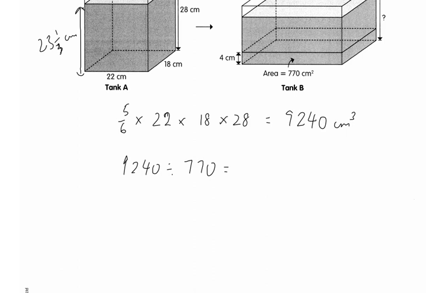Now, what are the units for this 12? cm. So what does this 12 cm stand for? The height of the added water, right? Correct, the height of the water level from the added water.